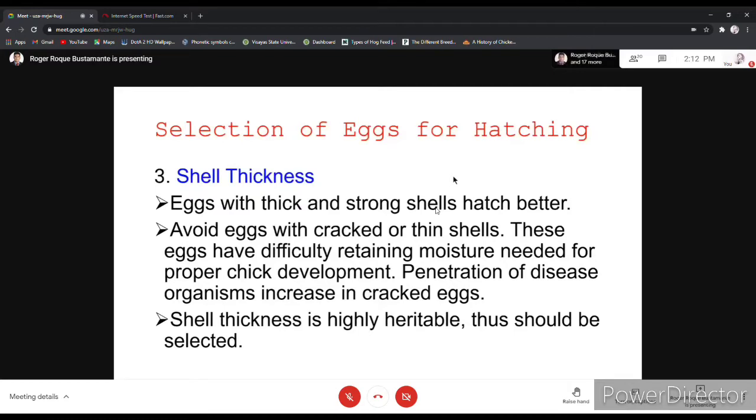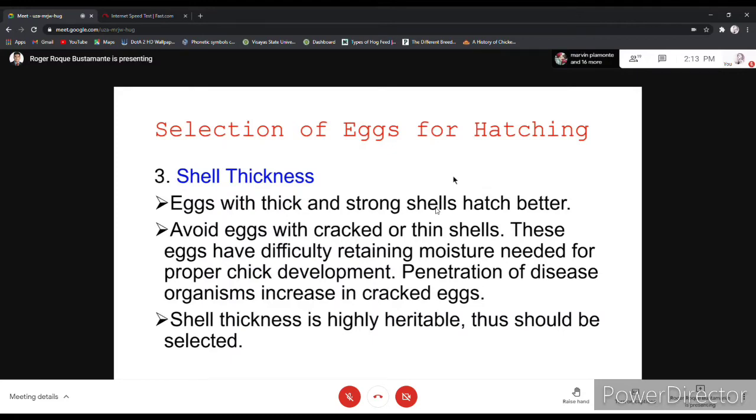So this is not just about genetics, but it is also influenced by your feeding management and also the age of the hens. Shell thickness is not just due to genetics, but it is really influenced also by your feeding management and the age of the hen.